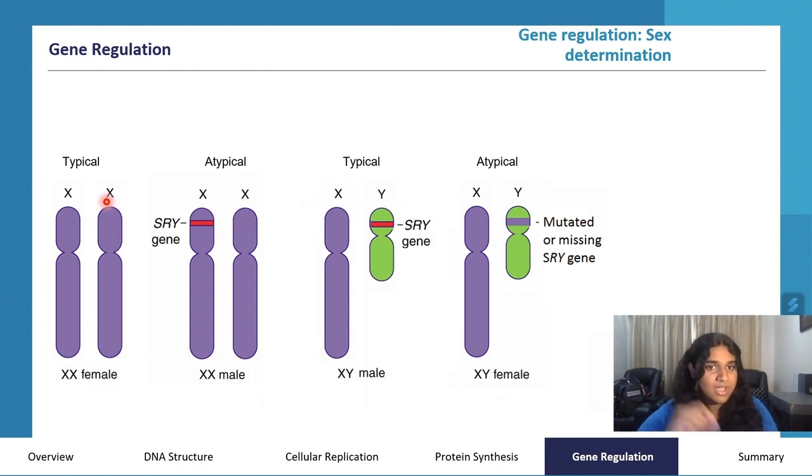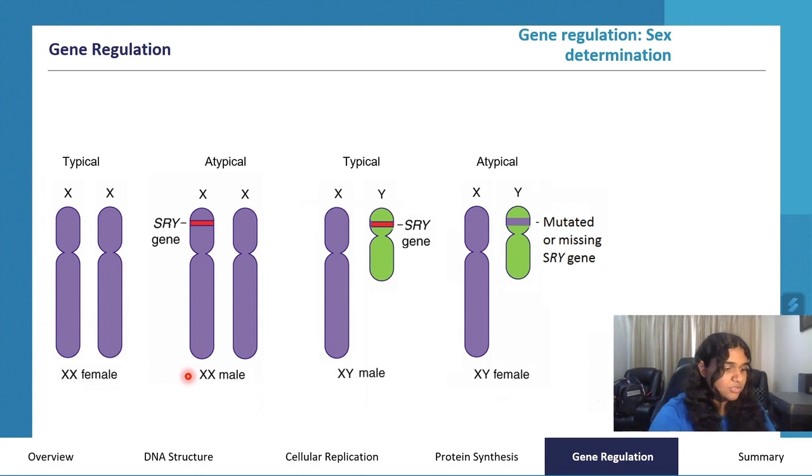If an SRY bearing X chromosome fertilizes a normal egg, it will produce a chromosomally atypical male embryo. It'll still have an XX chromosome combination, but because it's got the SRY gene, this individual will start forming male sex characteristics.